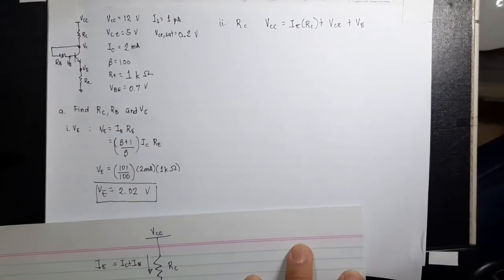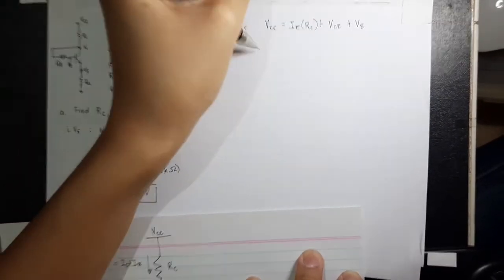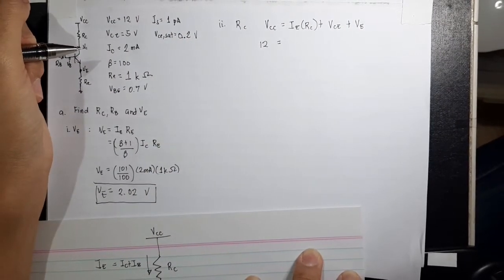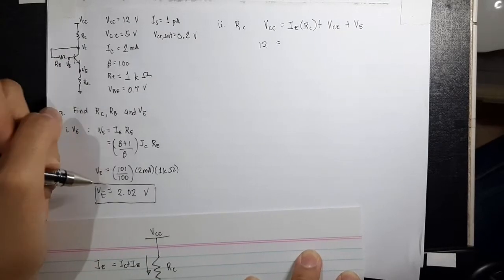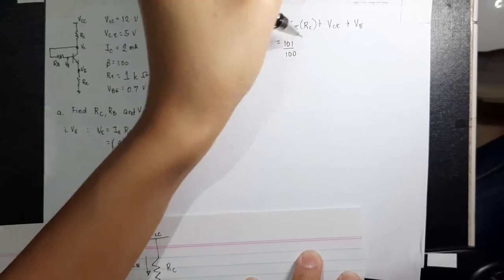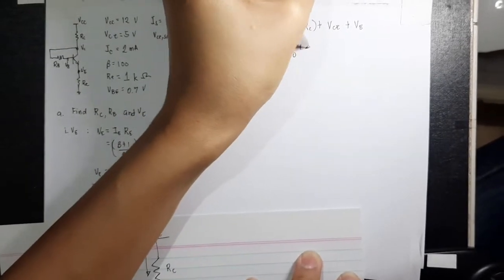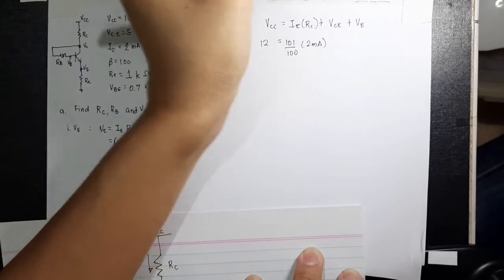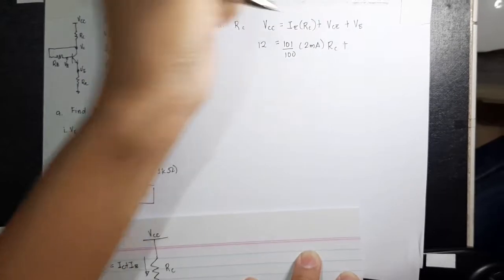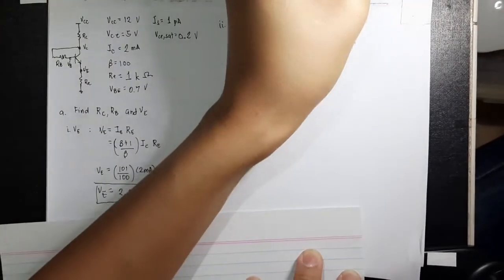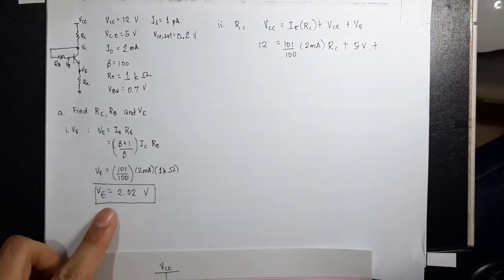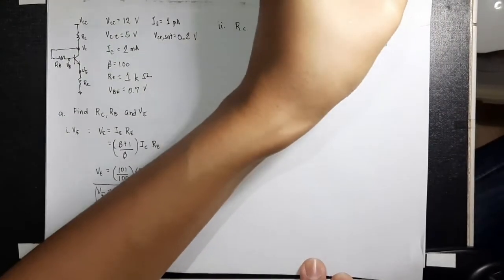So, substituting the values, VCC is equal to 12 volts equals IE, which is 101 over 100 of IC, 2 milliamps, times the unknown RC, plus VCE equal to 5 volts, and plus VE, the calculated value, 2.02 volts.